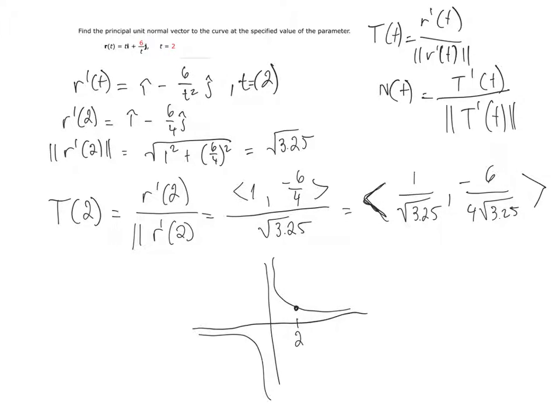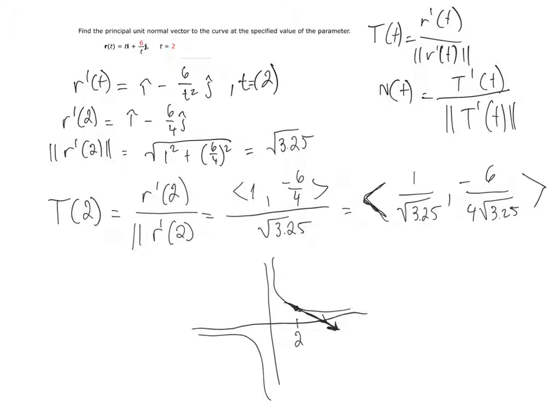Your unit tangent vector goes this way, because it's tangent to the curve. So it goes down this way. Positive x and negative y, so it goes to the right and it goes down.